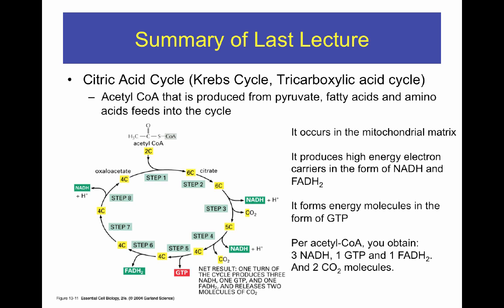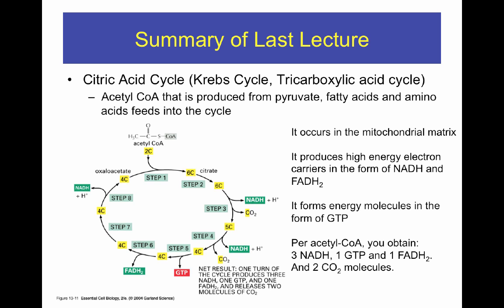Now, that molecule can come from multiple different biochemical pathways. It can come from glycolysis, or it can be generated from the beta oxidation of fatty acids or the oxidation of amino acids, and that will create some of the intermediates for the Krebs cycle. As we discussed, it happens in the mitochondria, and per acetyl-CoA molecule, you are going to produce high energy electron carriers, NADH and FADH2.